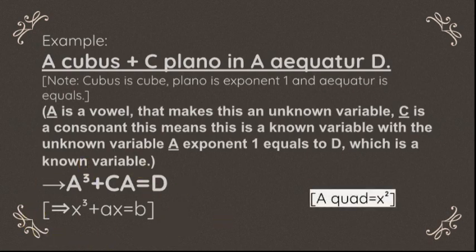In using A to denote the unknown quantity x, Viète employed A quadratus as today's x squared and A cubus as x cubed. This innovation is considered one of the most significant advances in the history of mathematics, which prepared the way for the development of symbolic algebra.